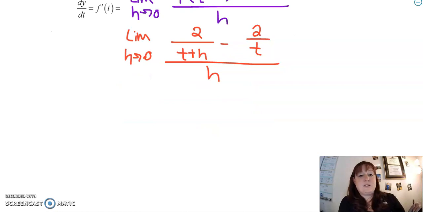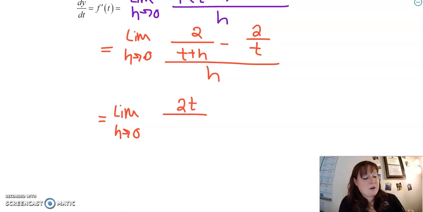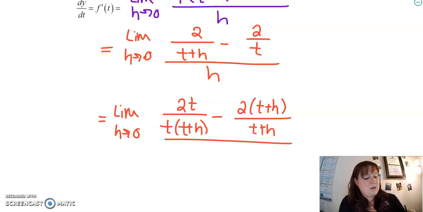Okay, so now let's get a common denominator on the top. Since I still haven't evaluated my limit, I still need to write the limit as h approaches 0 because I'm still evaluating it. So to get a common denominator, I need to multiply the top and bottom of that one by t. And I need to multiply the top and bottom of that one by t plus h. Okay, and that's all over h.